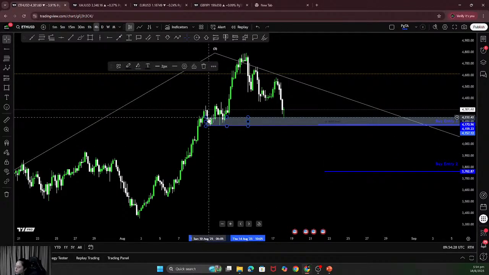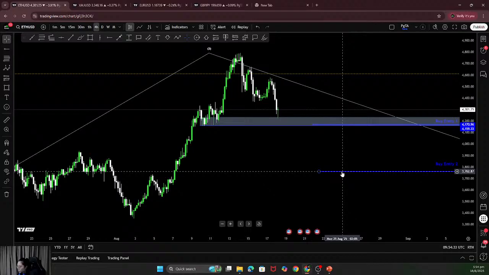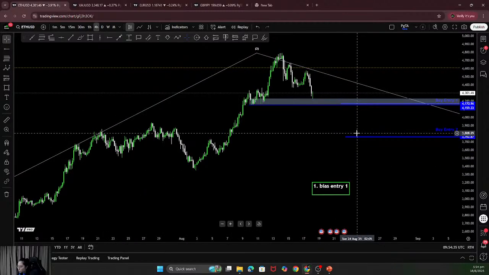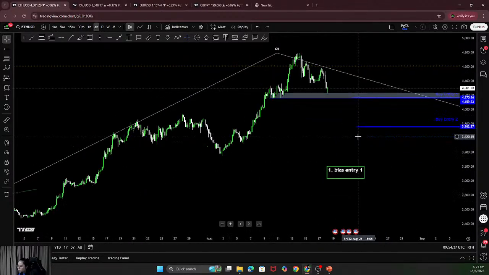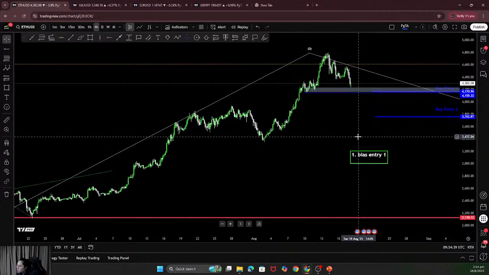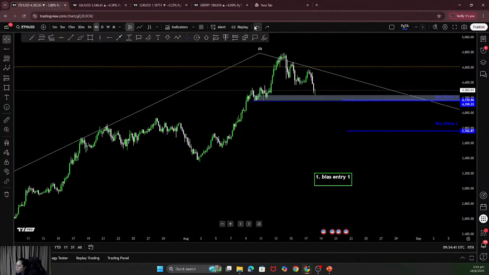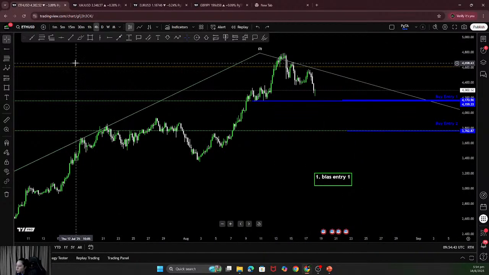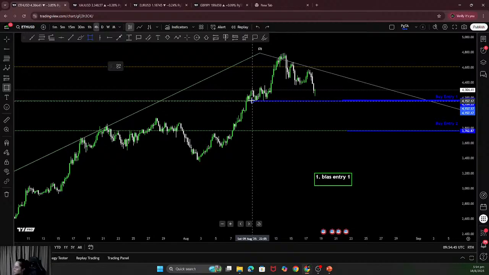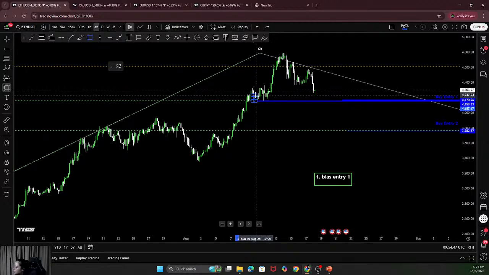Okay, so this area, there's a swing low here. But if we look at this area, which is a 38.2 area, is there a swing low here? Wait, what happened to my fib levels? Yeah, there you go.